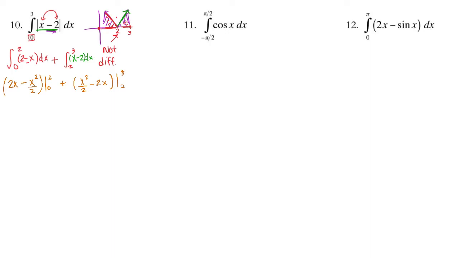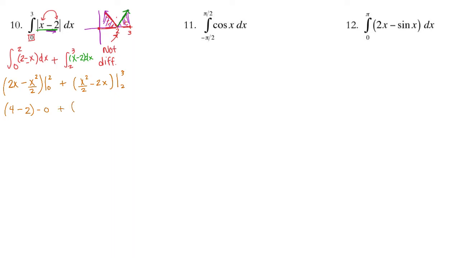So let's go ahead and do our plugging in. Whenever I plug in, I'm going to have 4 minus, and that's going to give us 4 over 2, so 2. And then our other endpoint is 0, so that's nice.